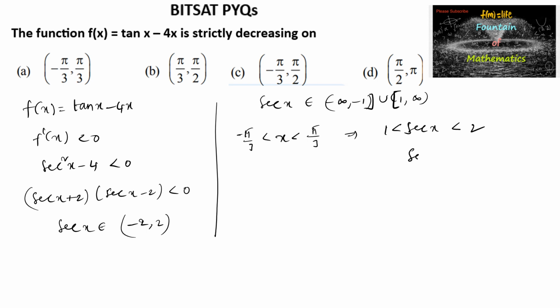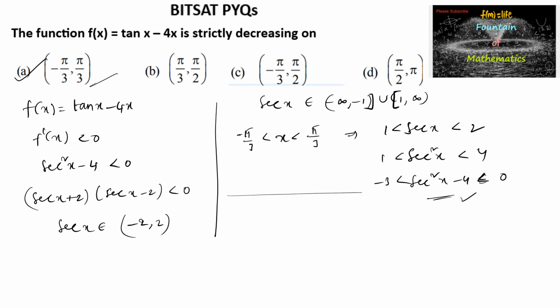So secant square x lies between 1 and 4, and secant square x minus 4 lies between minus 3 and 0. That is f dash of x is negative. So we can go with the option minus pi by 3 to plus pi by 3, f dash of x is negative. Option A can be the answer.